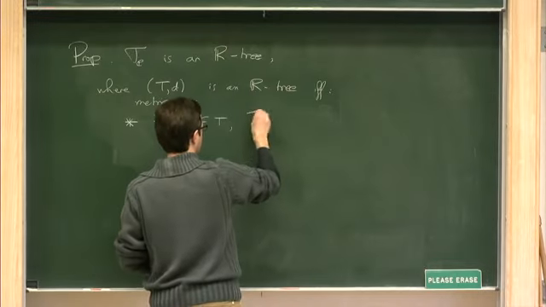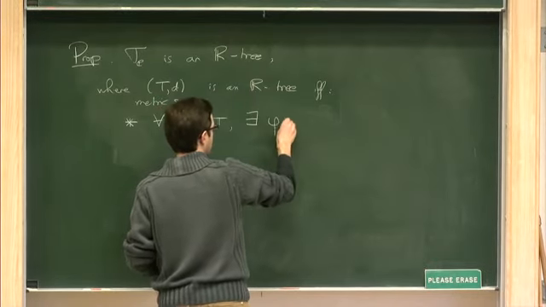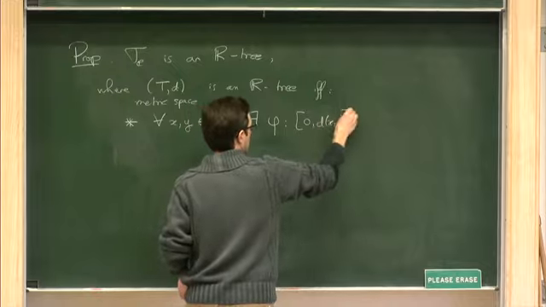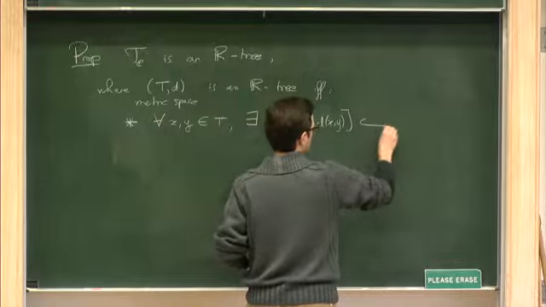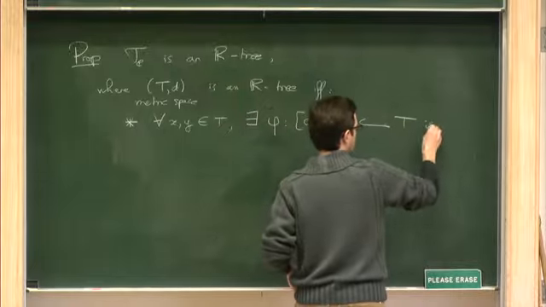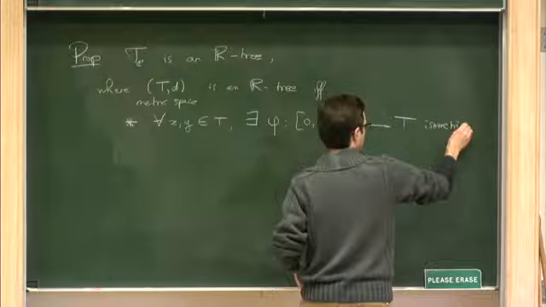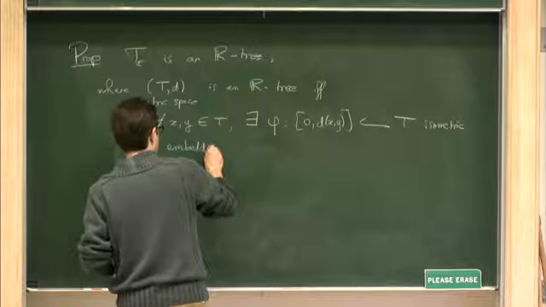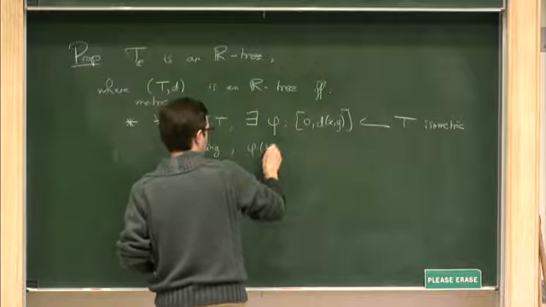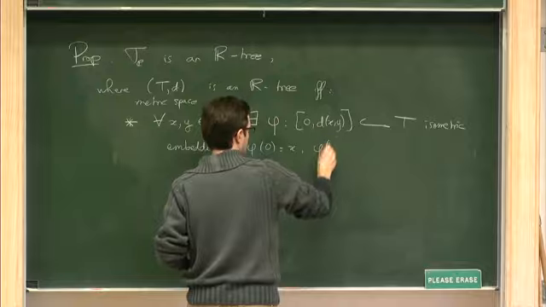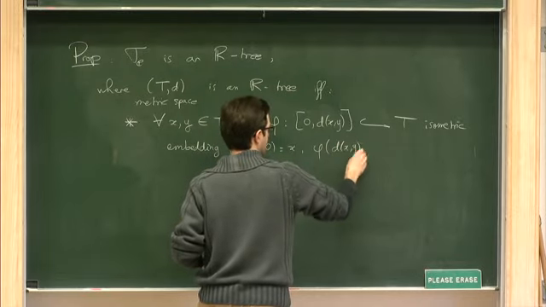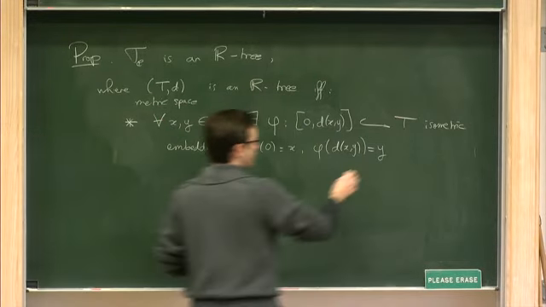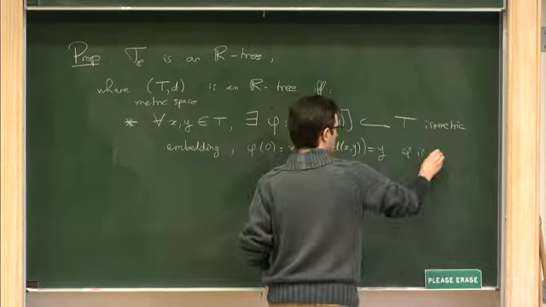So there exists phi from [0, d(x,y)] to T, which is an isometric embedding such that phi of 0 is equal to x and phi of d(x,y), the endpoint, is equal to y. Okay? And we call phi a geodesic path.